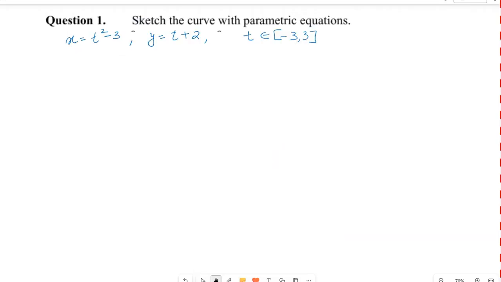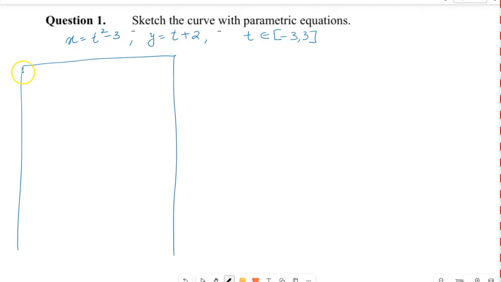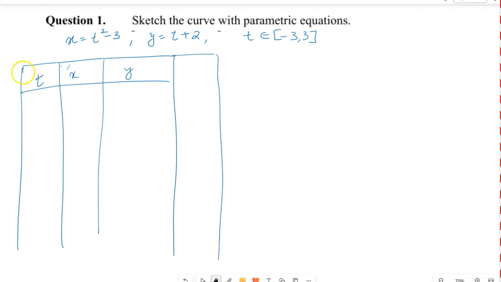Here is another example. Sketch the curve with parametric equations x is equal to t squared minus 3, y equal to t plus 2, with t belonging to -3 through 3. Again, let's start with a table of values. We start with t values, find the x value and y value, and then figure out the point coordinates.